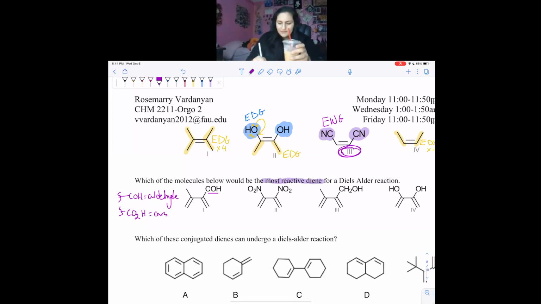Carboxylic acid. And what about CO2CH3? Ester, exactly. All right, please know these. These will help you on the exam, I promise.